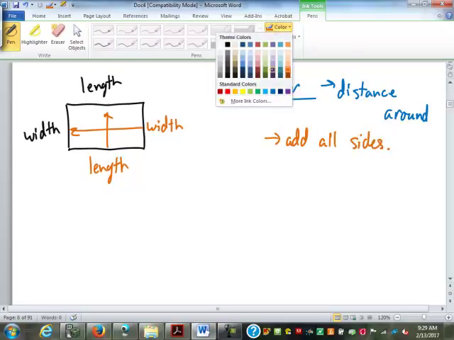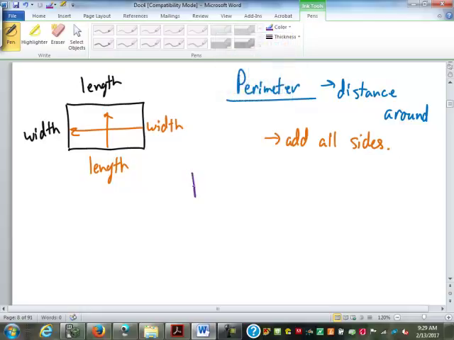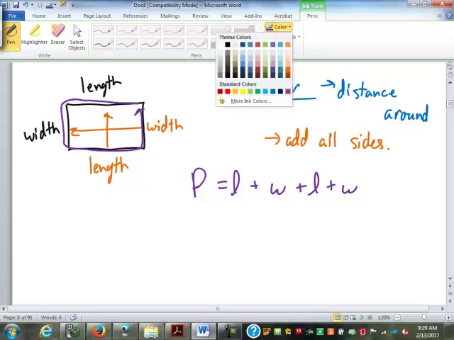So for a rectangle, that perimeter, which we're going to abbreviate with a P, is just the length plus the width plus the length plus the width, if we go around the rectangle adding up the sides.